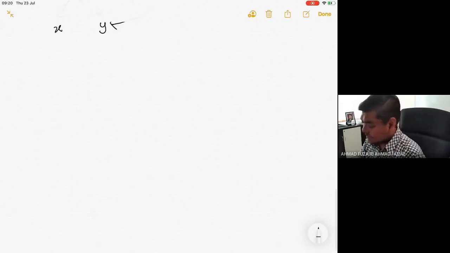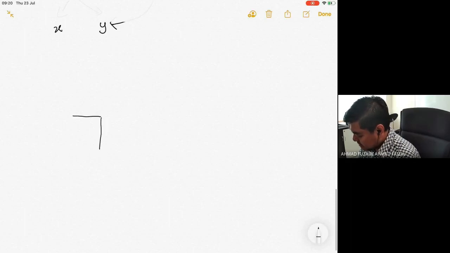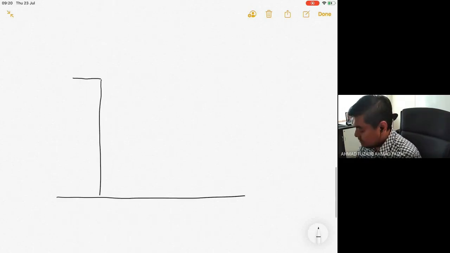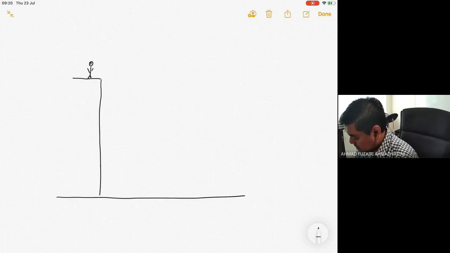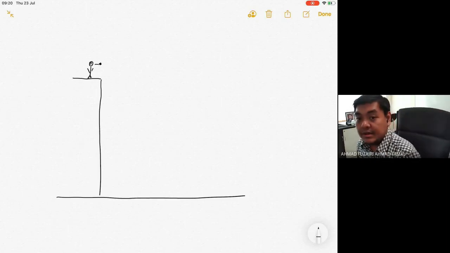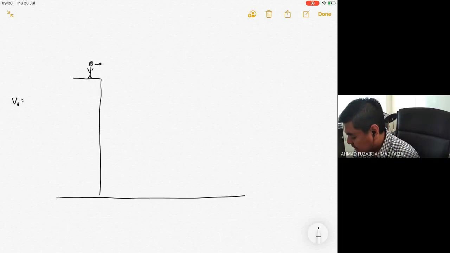So let's see. The question asks: a ball is thrown from the top of a building with an initial velocity v naught equals 20 meters per second, straight upward.